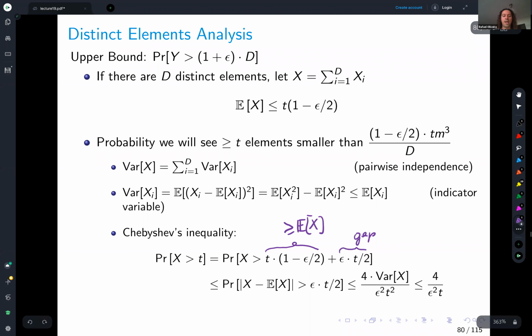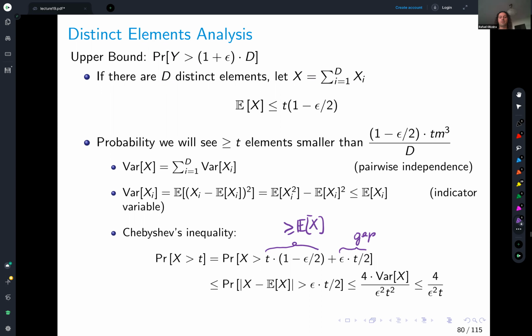So if we rearrange this, we can say this is less than or equal to the probability that x minus the expected value of x is bigger than epsilon times t over 2, which by Chebyshev is less than or equal to the variance of x over epsilon t over 2 squared. So if you rearrange, you get exactly this.